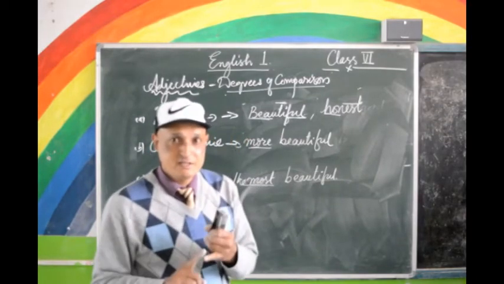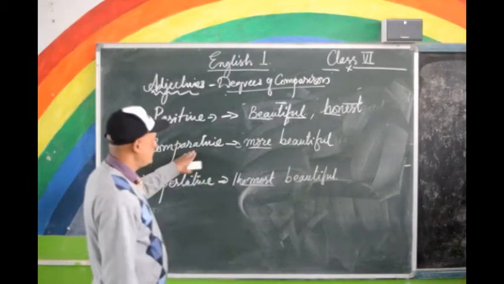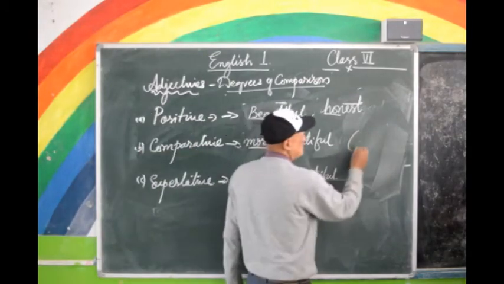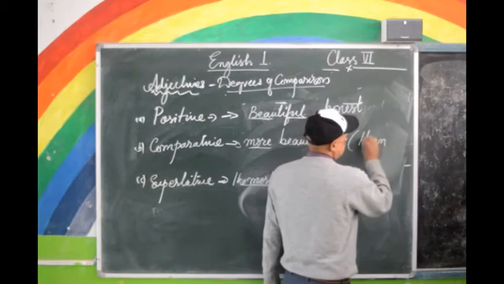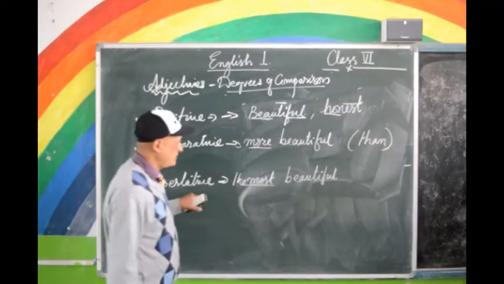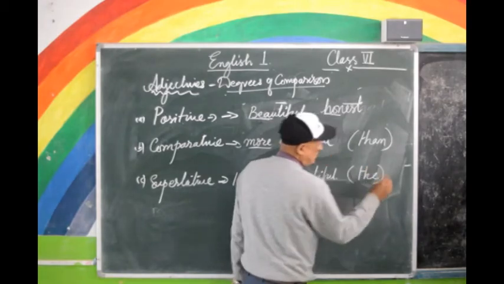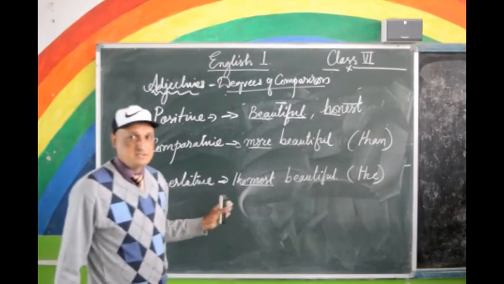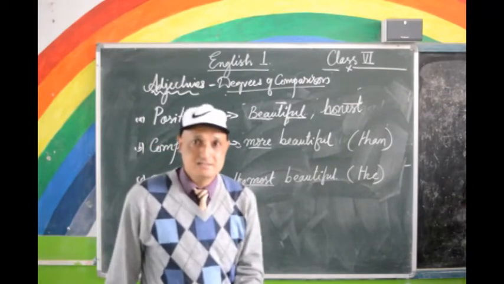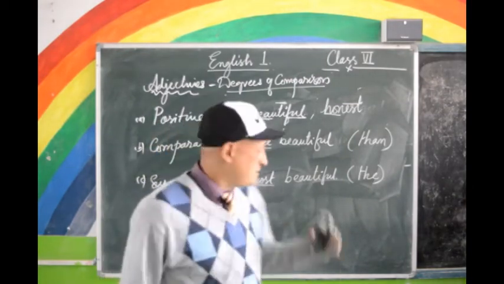The other thing that you have to keep in mind is, in the comparative degree, we use the word than, and in the superlative degree, we make use of the word the. Article the, the best answer. Okay?